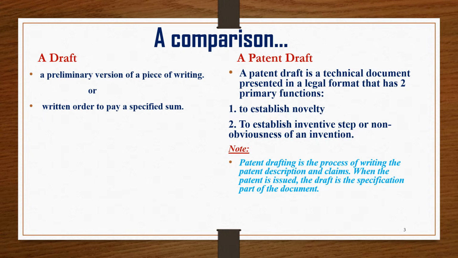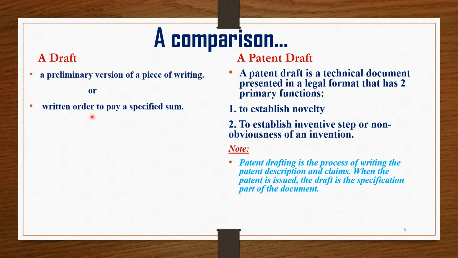Now we will have a comparison because whenever we say what is a draft, normally we go to its literal meaning. So first of all, we will go to the literal meaning of a draft. We can say that a draft is a preliminary version of a piece of writing.